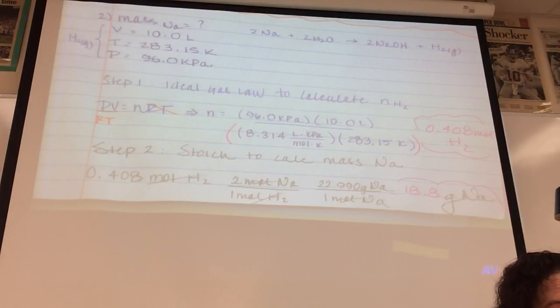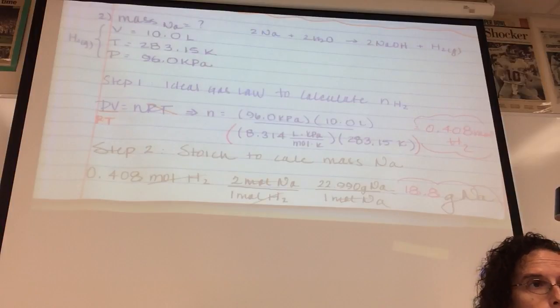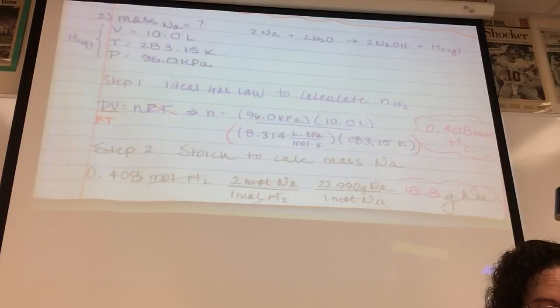If you're given all the information about a gas and asked for the mass of a solid or a liquid, then you're going to need the stoichiometry as well. So that links stoichiometry to the ideal gas law, and you'll find several problems in classwork 3.2b.